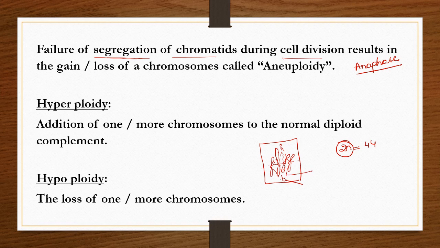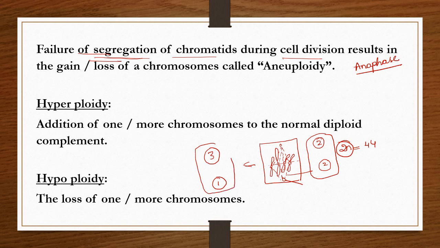Now during anaphase, these chromosomes are pulled. As a result, half of the chromosomes move to each pole. So with four chromosomes, two will move to one end and two to the other end if it is normal. But here there is a failure of segregation. In this aneuploidy case, three chromosomes go to one end and one chromosome goes to the other end.